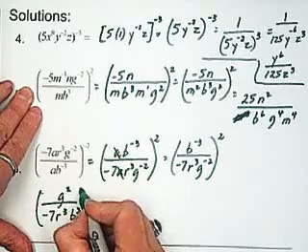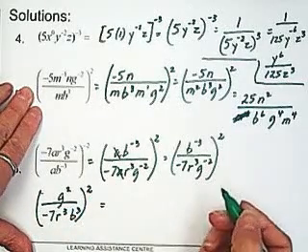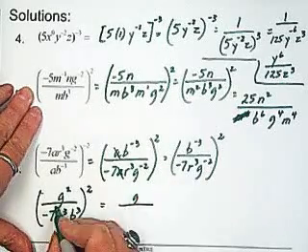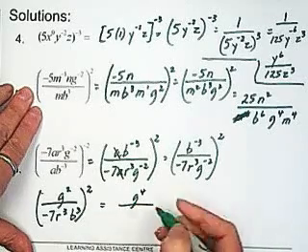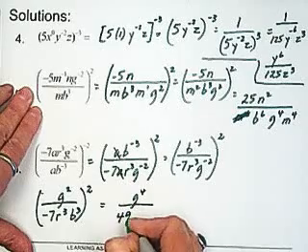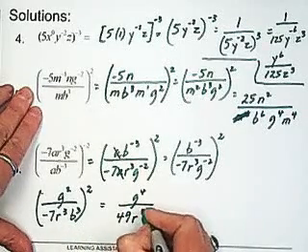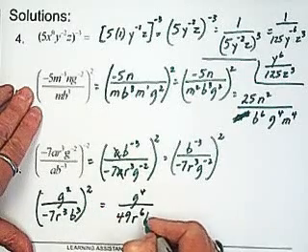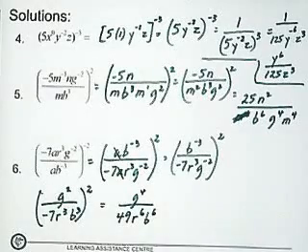This entire thing is raised to the power of 2, so now we're just going to square everything. G squared squared is g to the 4th. Minus 7 squared is a positive 49. R cubed squared is r to the 6th. B cubed squared is b to the 6th. And that's that answer.